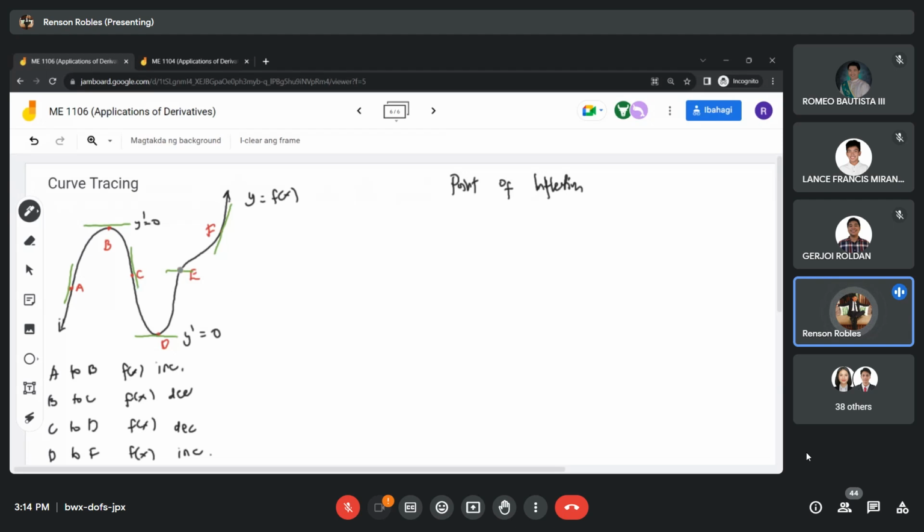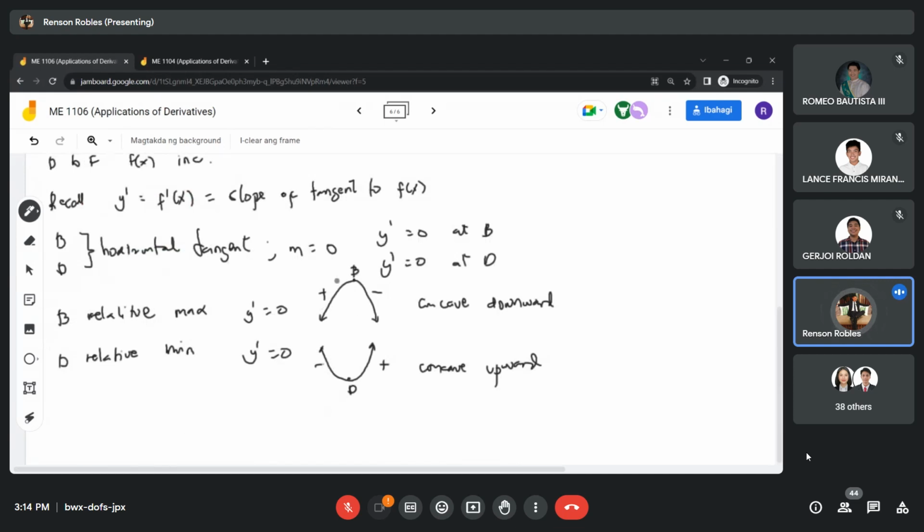As you can notice, from D to E it's increasing, and from B to C it's decreasing, and C to D it's also decreasing. So there is no change, unlike in a relative max, where the function increases and then decreases, and a relative min, where the function decreases and then increases. So at a point of inflection, the behavior of the function f of x is just the same, whether it is increasing or decreasing.